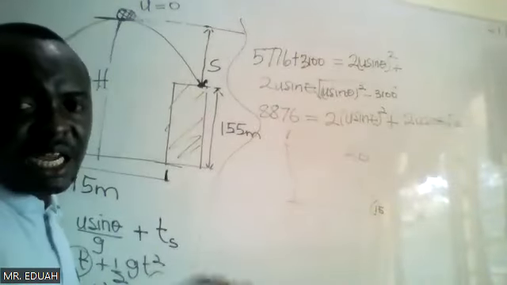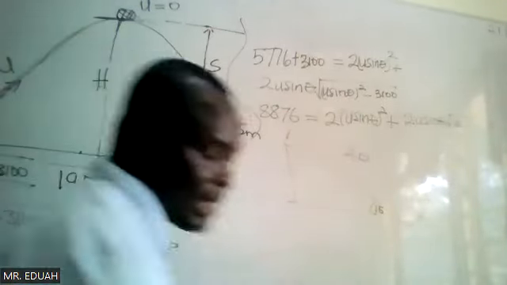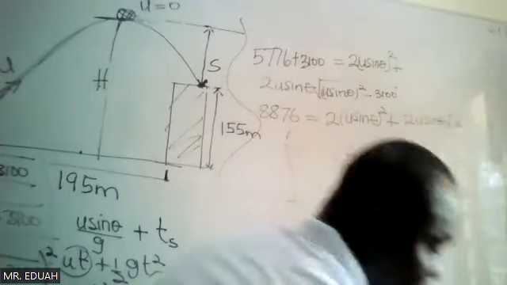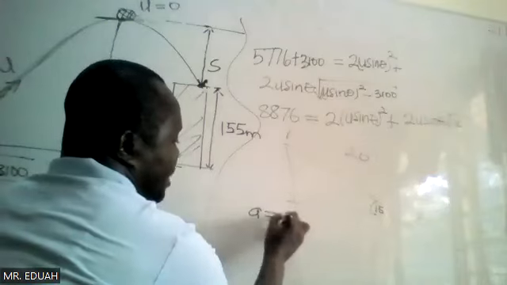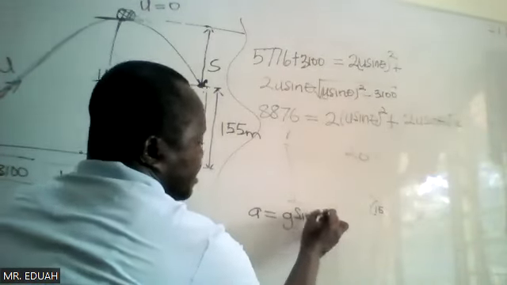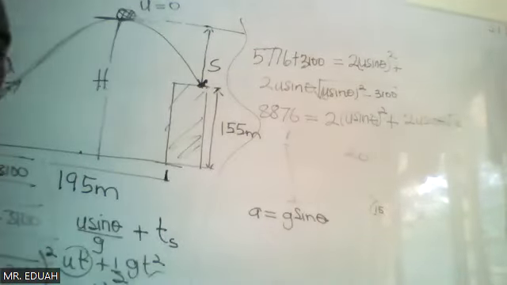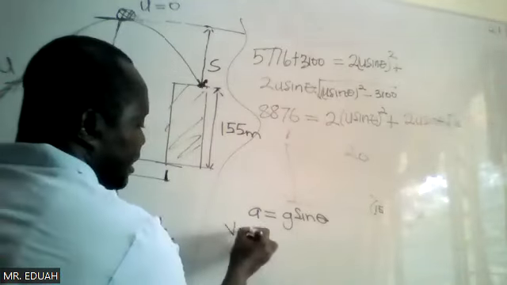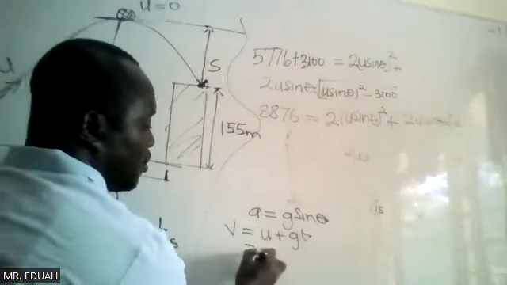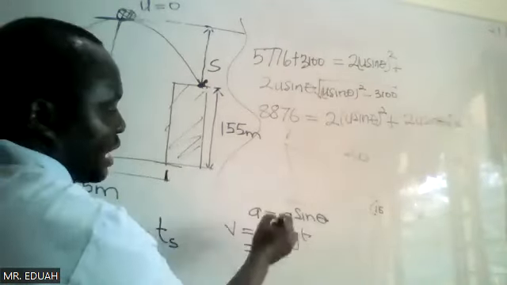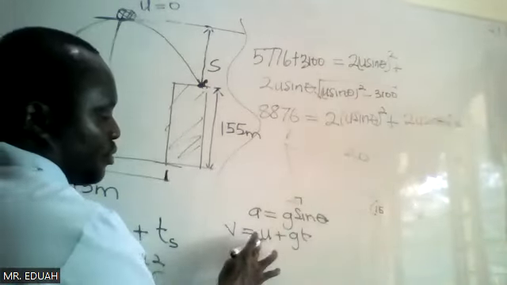For an inclined plane, all that you need to understand is that the acceleration of the body down the plane, a, is given by g sine theta. So if you are looking for v, which is u plus at, when it is rolling down the plane, u is 0.